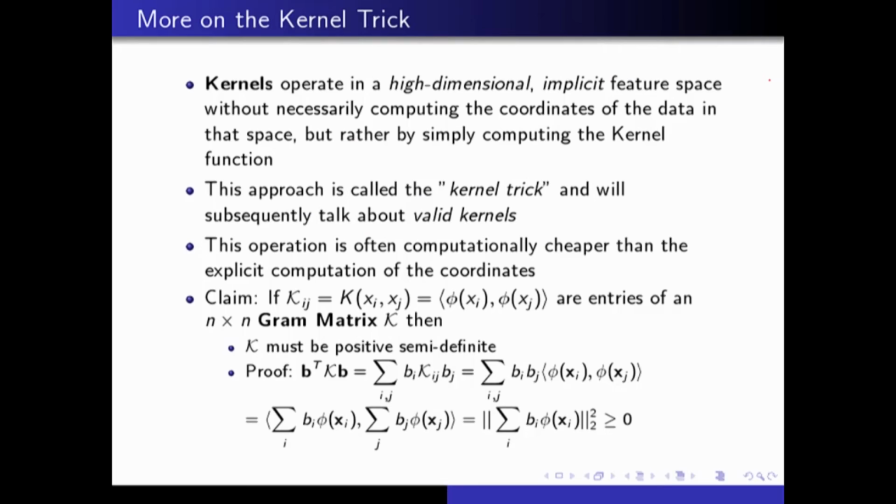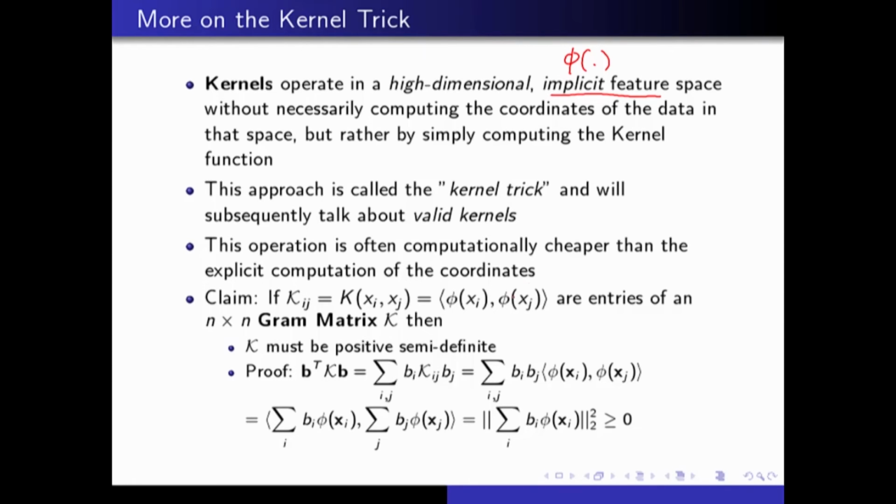So the kernels operate in a high dimensional implicit feature space, where the implicit feature space phi can be avoided in terms of being enumerated. You just simply compute the kernel function.